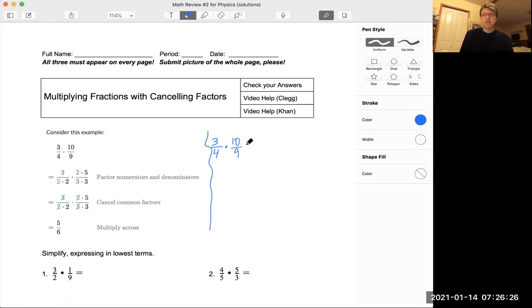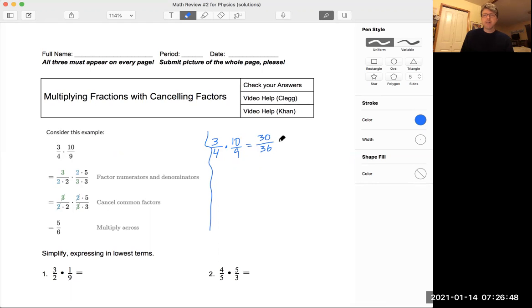If you multiply straight across the top, we have 30. And then on the bottom, we have 4 times 9, that'd be 36, right? Okay, so now we have 30 over 36. Well, that's reducible.